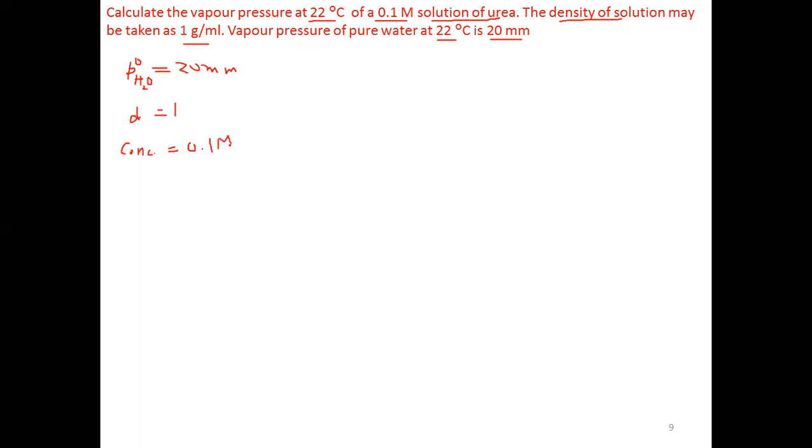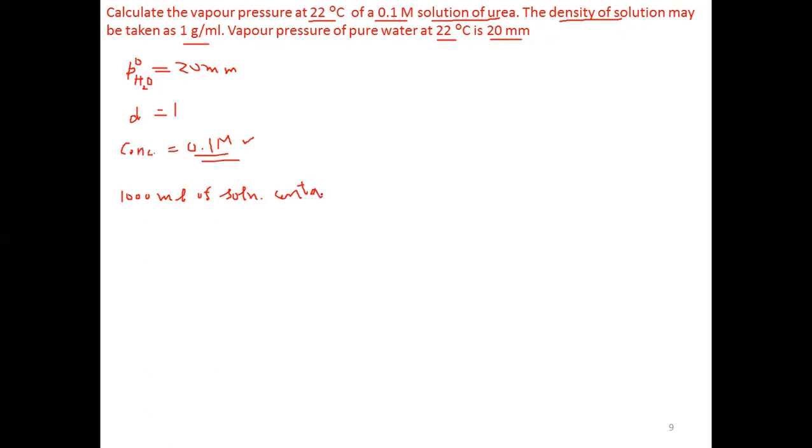Let us see the meaning of this concentration. A 0.1 molar solution of urea means that 1000 ml, 1 liter of solution, contains 0.1 mole of urea, by the definition of molarity.